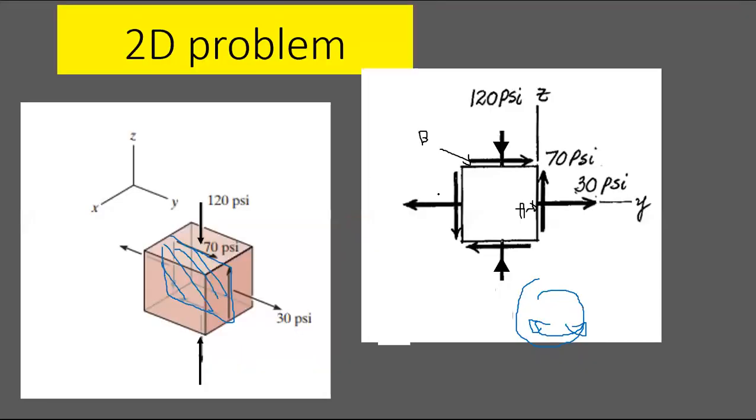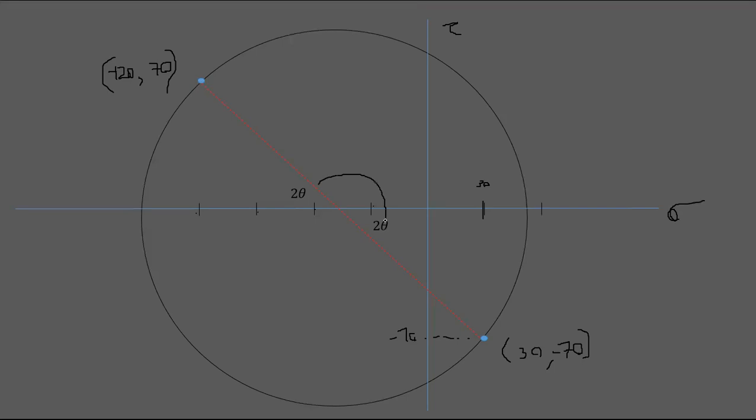So you know these elements, this element is 90 degrees, right? So what will happen? Between these two, you will have a 180 degree angle, right?